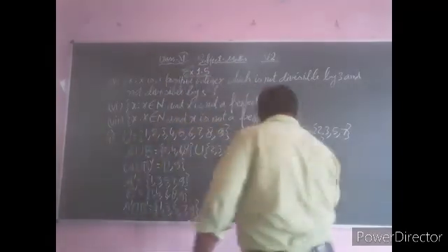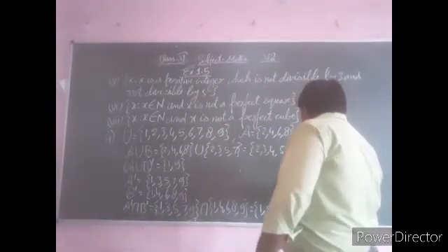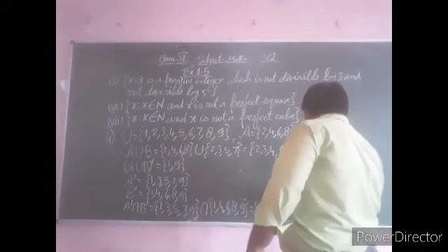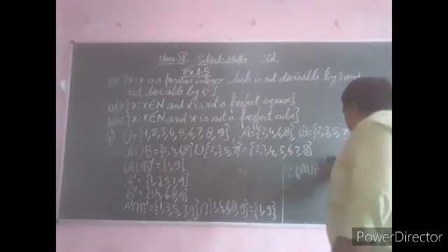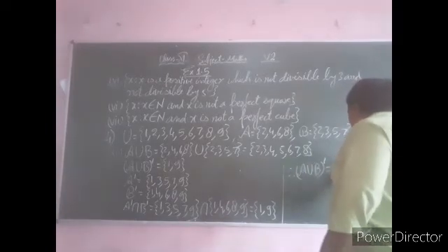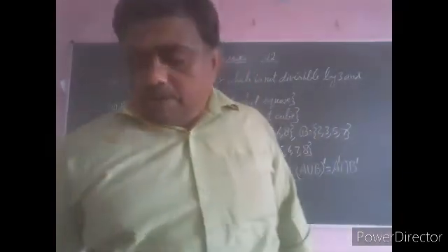Therefore, A union B complement is equal to A complement intersection B complement.